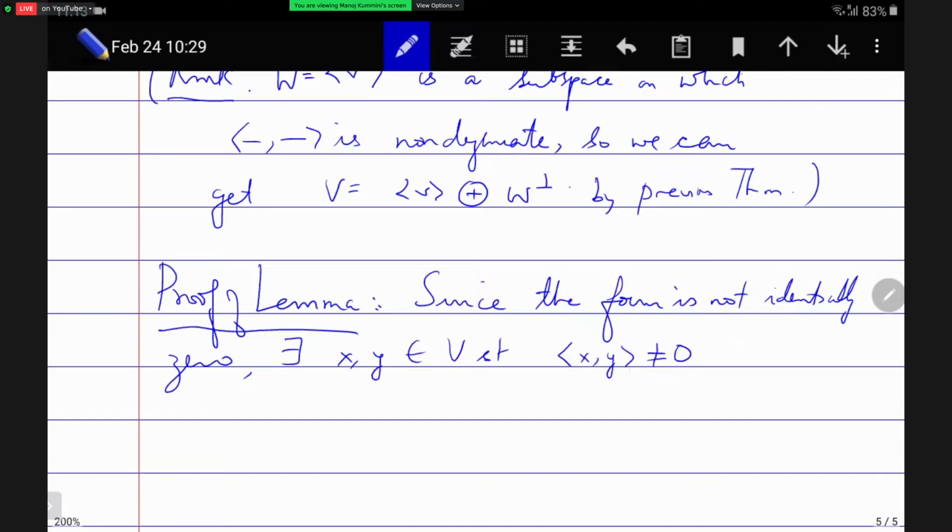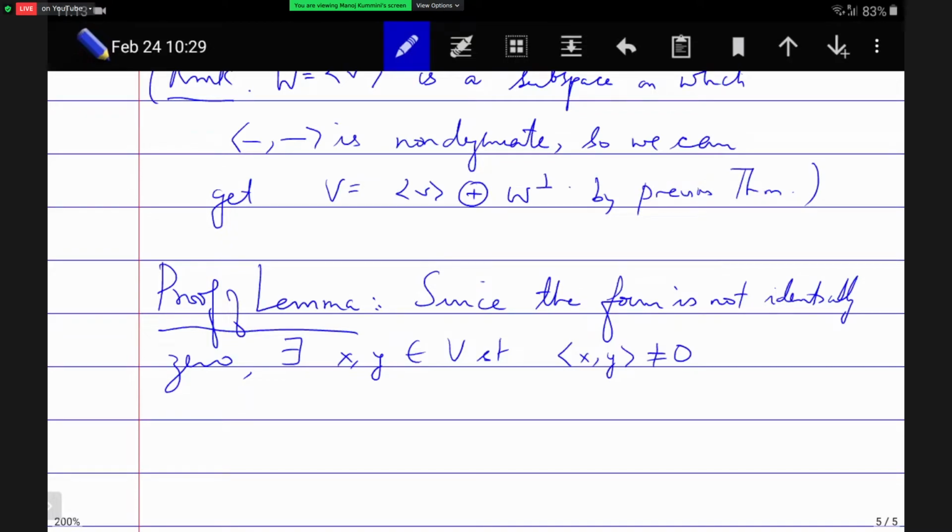For some pair, the form evaluates to something non-zero. That's what it means. Okay, so we would like to replace x and y suitably so that the value of this form for that pair is real.